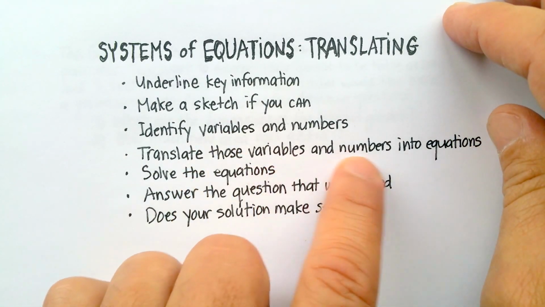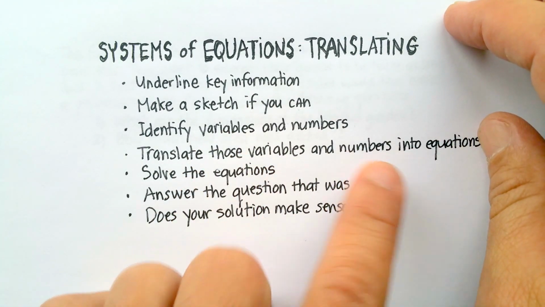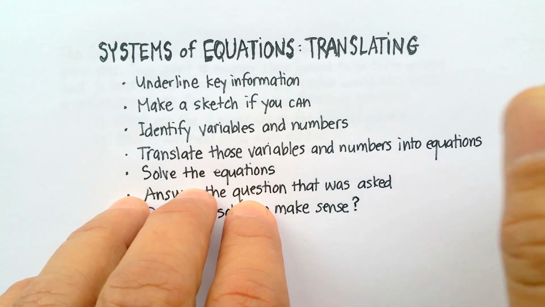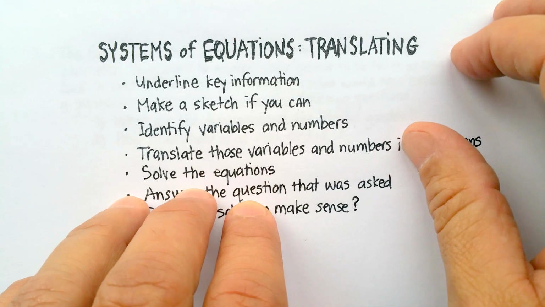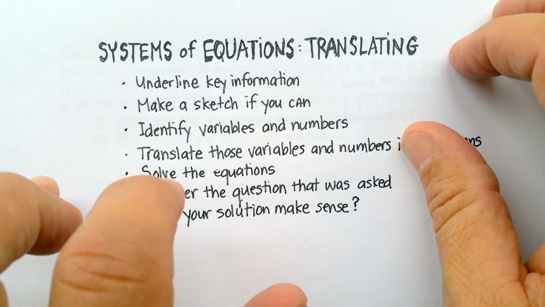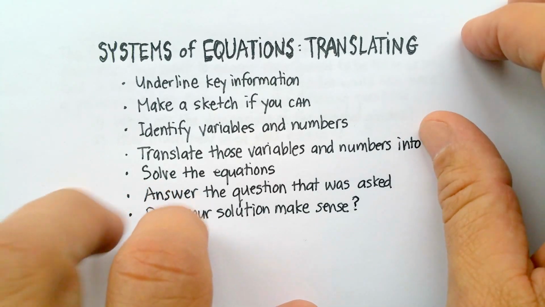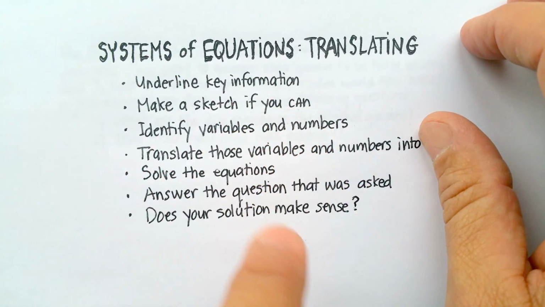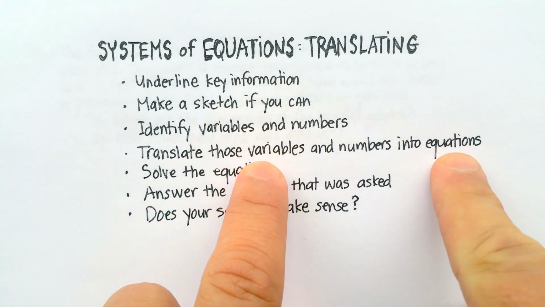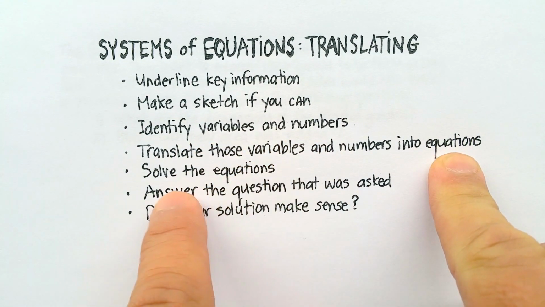Then I translate those variables and numbers into equations. And if I can, I look for things that I know are in equations, like operations such as pluses and minuses, and greater than means increasing, and is means equal, that sort of thing. So I look for that and try to arrange those numbers and variables into equation sentences.